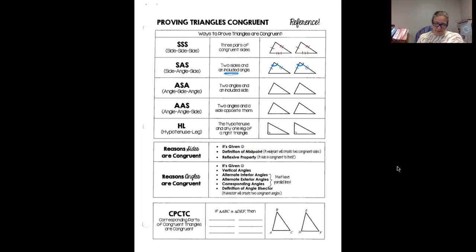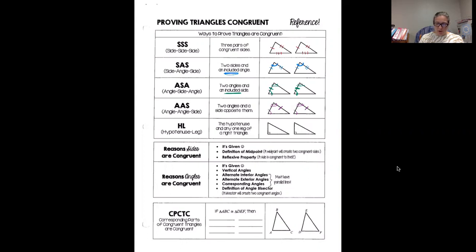For angle side angle, 2 angles and the included side. So angle, congruence, and the side in between. Angle, angle, side is 2 angles and a side opposite. So angle, angle, side.